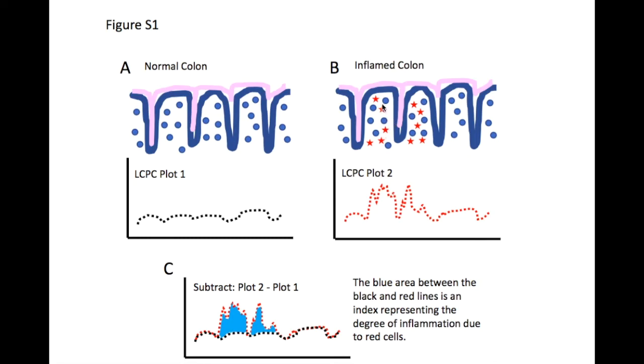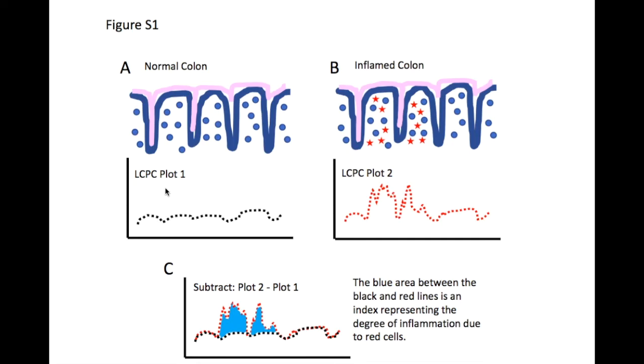Here in the cartoon, the red stars represent extra maybe T cells or dendritic cells, whatnot. The LCPC method allows us to quantify the contribution of these extra stars relative to the normal case that doesn't have that many red stars.